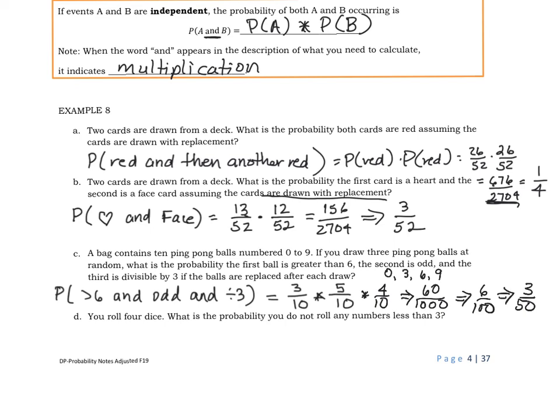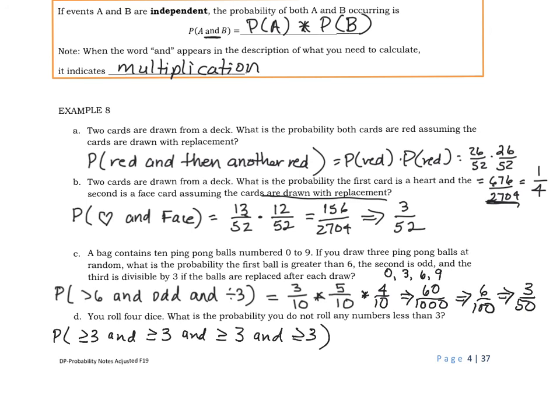Okay, so next we have you roll 4 dice. What's the probability you do not roll any numbers less than 3? So we're looking for the probability of rolling greater than or equal to 3 and greater than or equal to 3 and greater than or equal to 3 and one more time greater than or equal to 3. So what numbers are greater than or equal to 3?